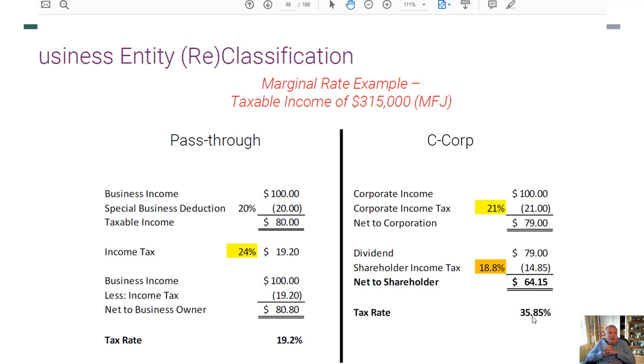So for tax planning, if you're a small enough company with a limited number of shareholders, you're better off being an S corp, taking the special business deduction, to get the lowest tax rate. However, you have this situation with the C corp, where the tax rate is a little bit more. So that's the potential. Now, if a company doesn't distribute any dividends, it's irrelevant, okay? Because the shareholder is looking for either an increase in value of the underlying holdings or dividends. But this can be a negative that is there.